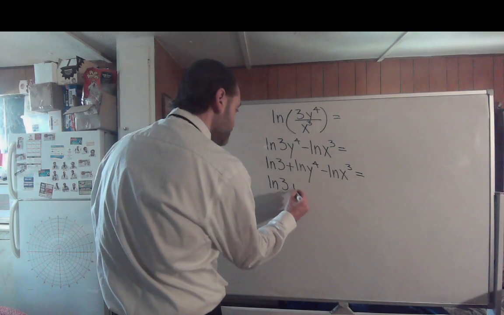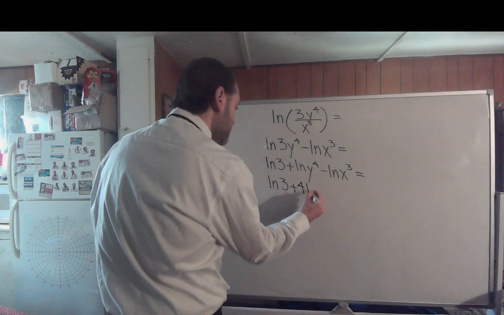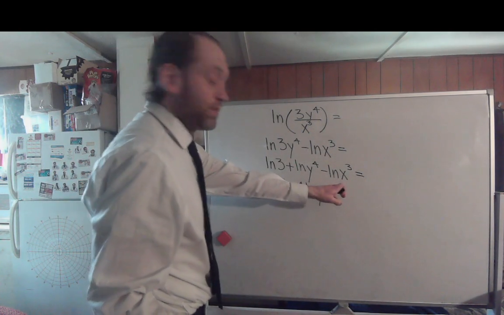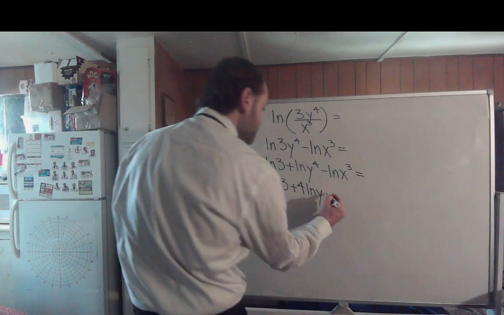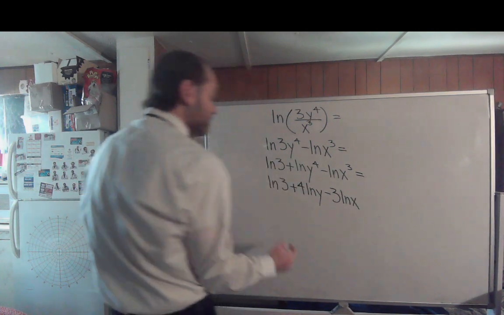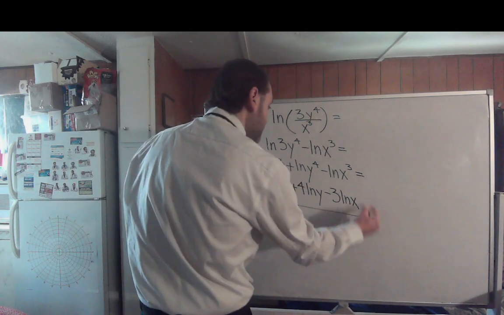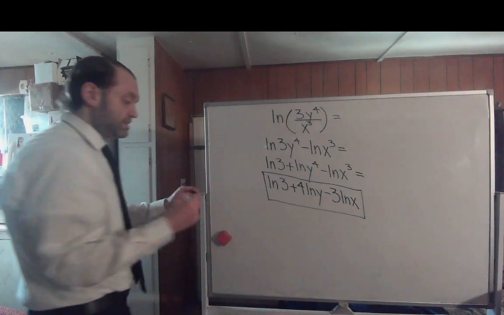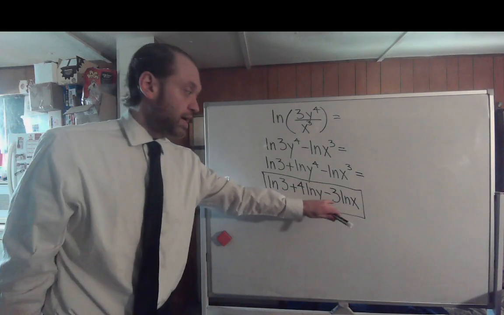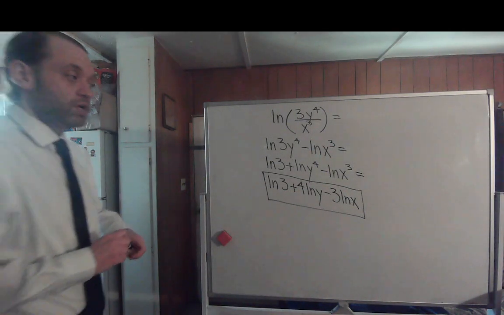This would turn into plus 4 times the ln of y, and then that ln of x to the third, that's another power rule, so this would be minus 3 times the ln of x. So what you get in the end is the natural log of 3 plus 4 times the natural log of y minus 3 times the natural log of x.